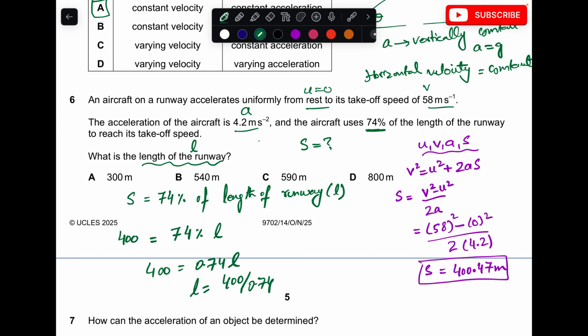So that will give you 541. I guess that is nearly 540 when you round it off. So it's option B that is correct.